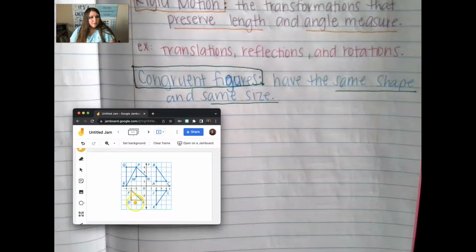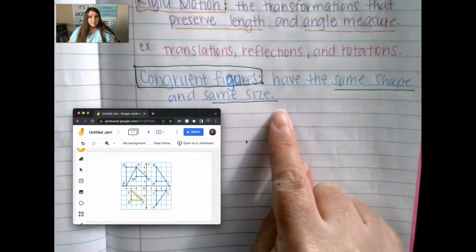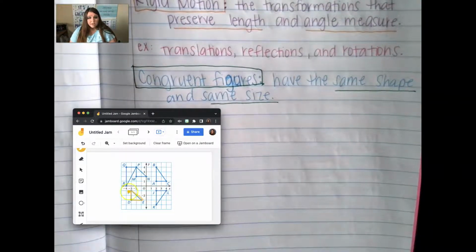My job is to identify which triangle here in this area is congruent, has the same shape and the same size. Well, I know it's kind of a smaller triangle, so I'm going to look at another triangle that's also a smaller triangle right here. So I'm looking at triangle MNP.